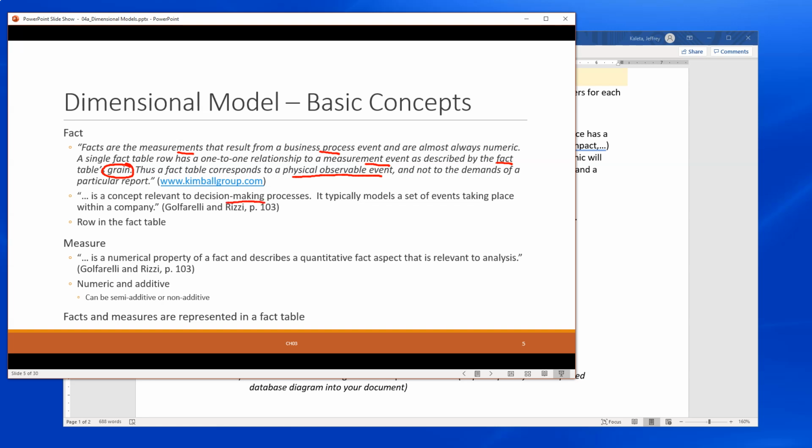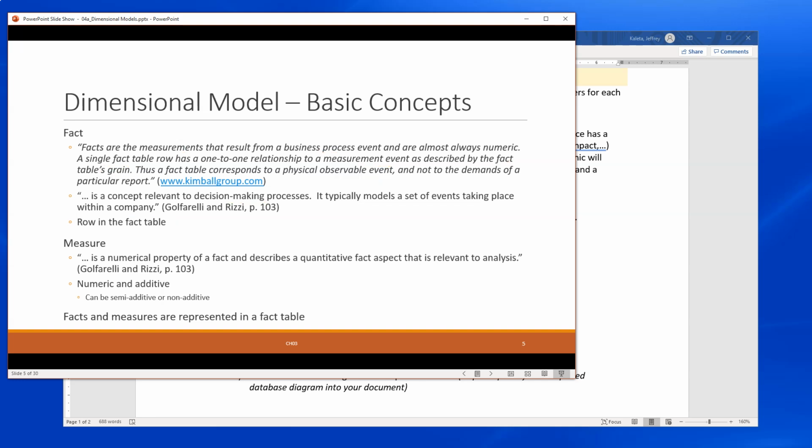So we can always think of a fact as a basic row that we're going to create in a fact table that will combine all of our dimensions and our measures together, that will be able to describe a particular observable event.